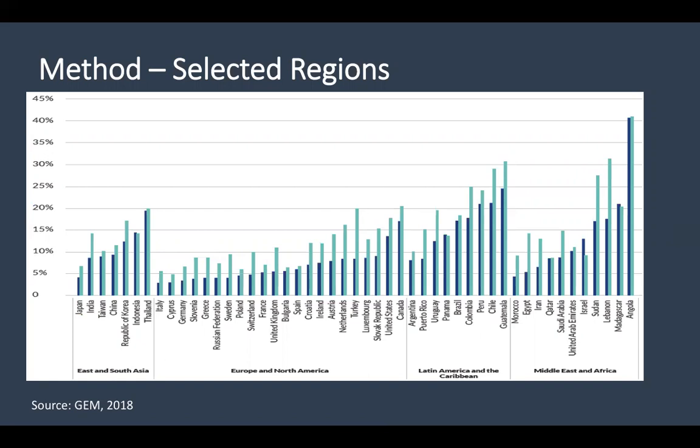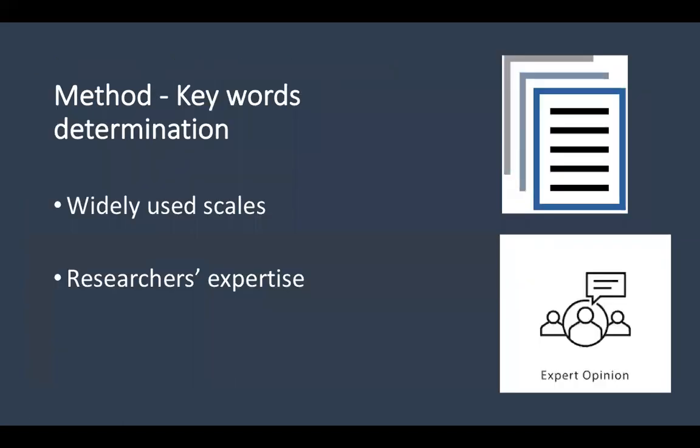Later, we are planning to extend it by adding Latin America, the Middle East, and Africa regions as well. Global Entrepreneurship Monitor, as many of you know, publishes many reports related to female employment and women's entrepreneurship, so we thought this country-based categorization would be appropriate for our research.